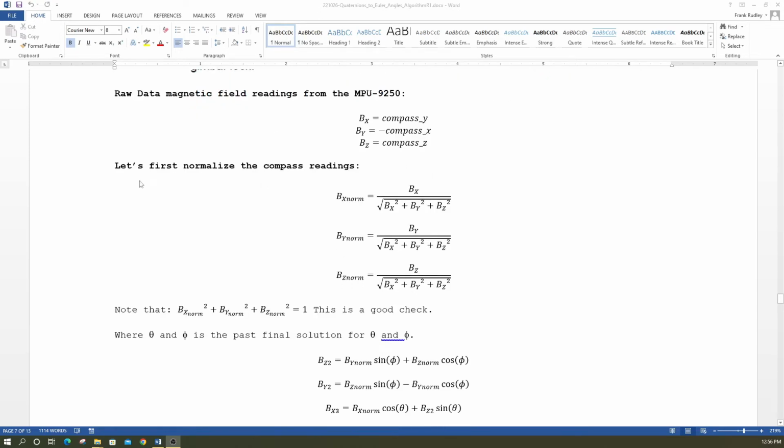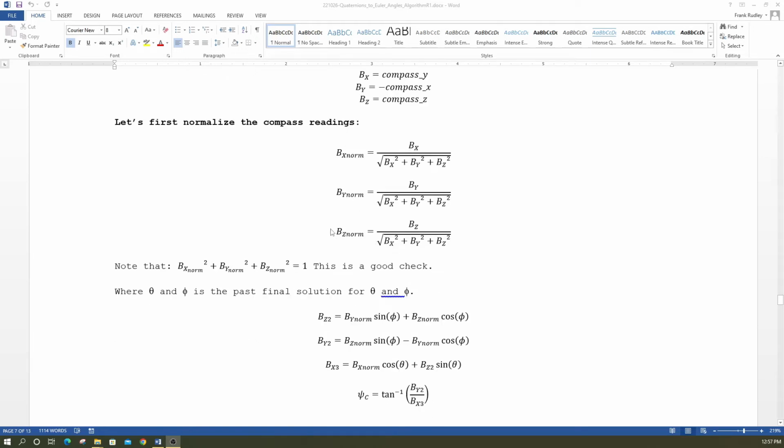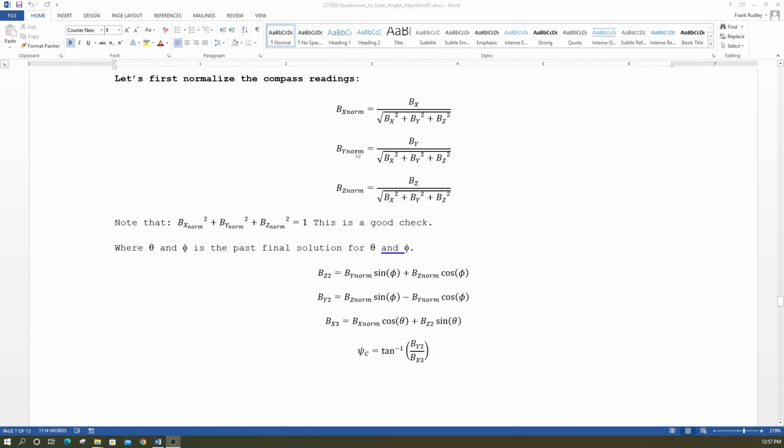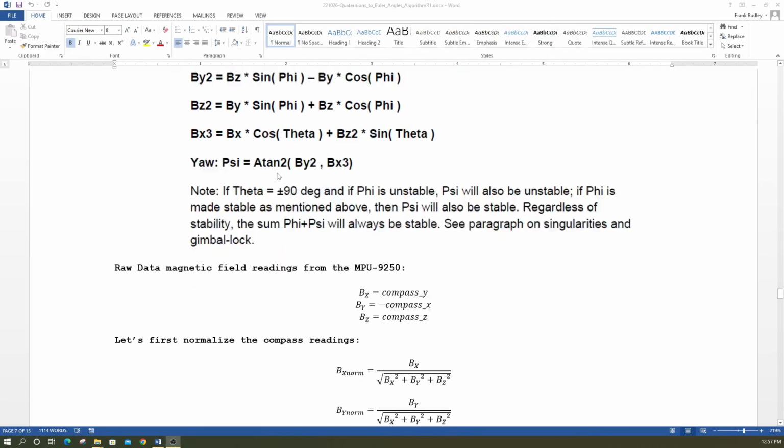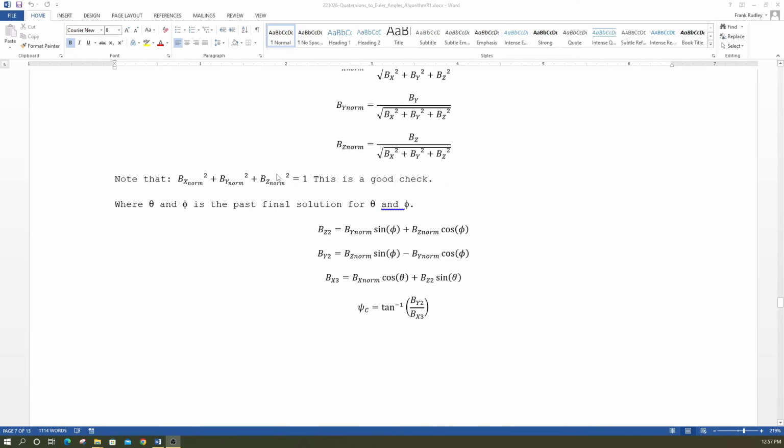Similarly to what I did to the accelerations, I normalized the compass readings. So I got an X norm, a Y norm, and a Z norm. I think I used microtesla for the units, but the units don't matter. I'm just trying to get into the algorithm. So first I compute these normalized components of the magnetic field vector, and then I computed these other factors, like it said in the document, the DT0058.